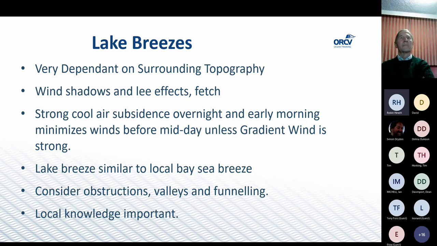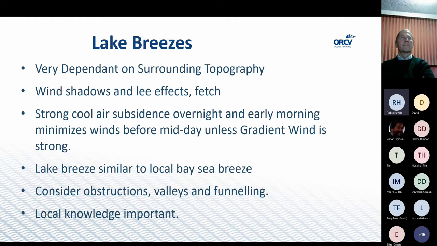Lake breezes, I don't know how many in our audience are actually sailing in lakes at all, but a similar effect occurs in a lake, but it's very subject to the kind of land that's around the water.